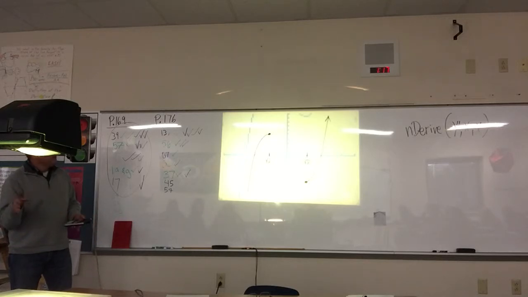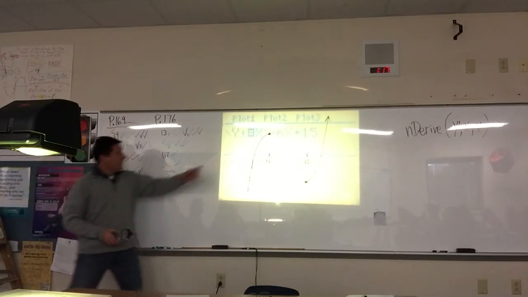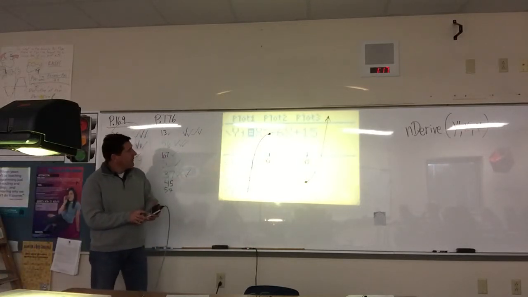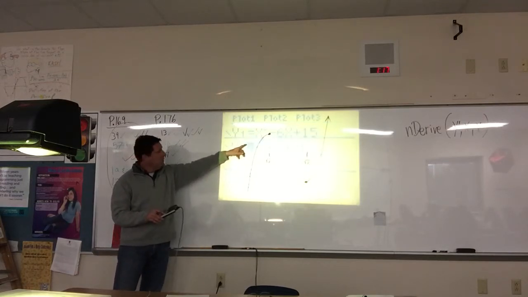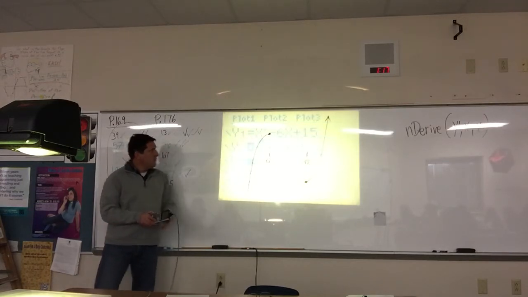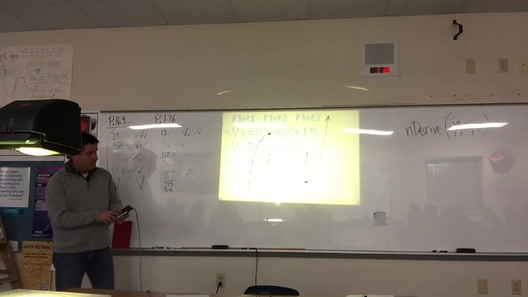Oh, that's the first one. Here's the derivative. Actually, I'm going to redraw it, but I'm not going to graph the first one. So you guys know how to do this? If you select on here and press enter, then it doesn't graph it, right? You just have to go on the equal sign. So I'm only graphing the derivative now.